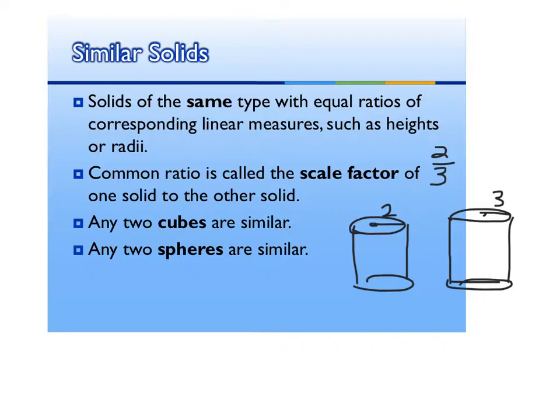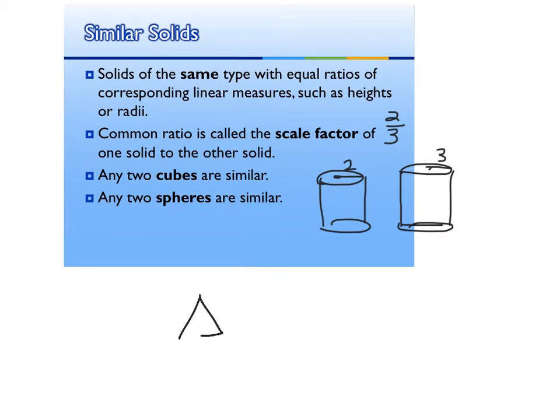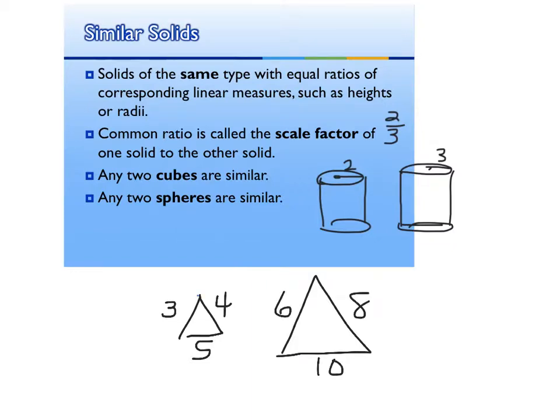Pretty good? What do you mean by equal ratio? So, for example, when we did the triangles, if I had a small triangle here and a larger one here, and let's say the smaller one had sides 3, 4, 5, and then the larger one 6, 8, 10, when you match the sides, 3 and the 6, it'll simplify to a half.